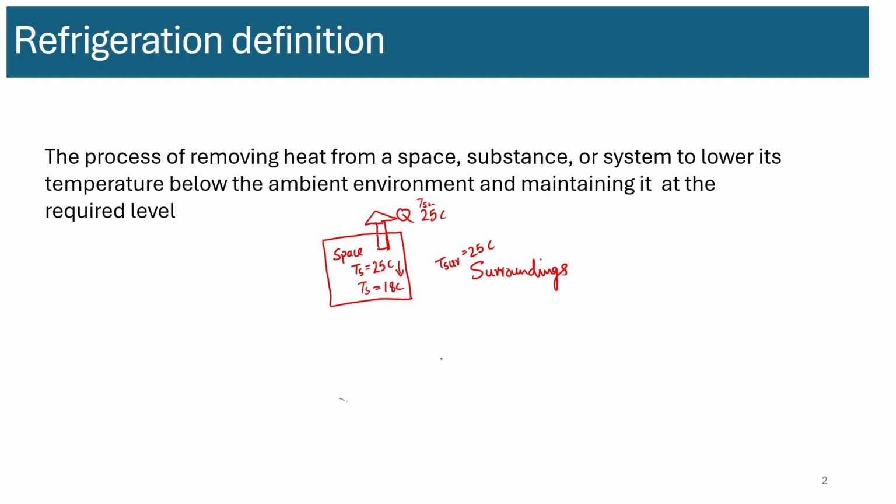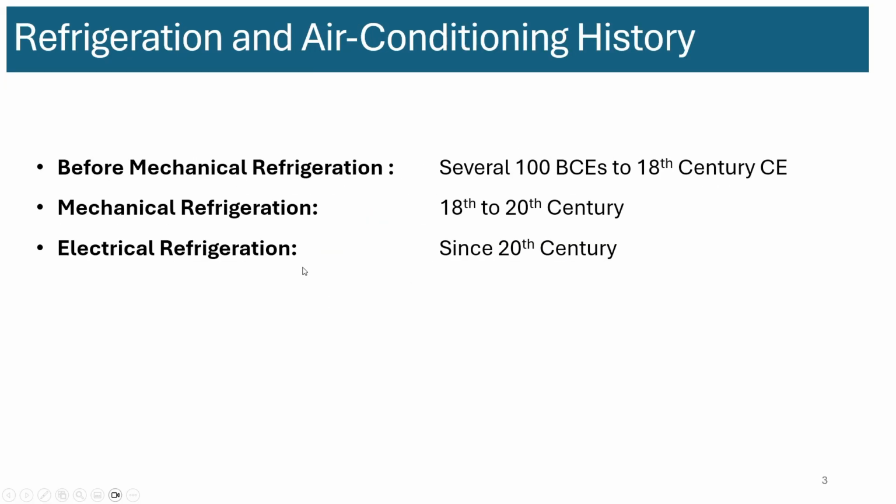It is counterintuitive, and it's not very easy to induce in real life situations. It's easy to heat something up, but think of how many ways you can cool something. So hold that thought. Let's try to understand how people historically tried to cool things and create this refrigeration effect.